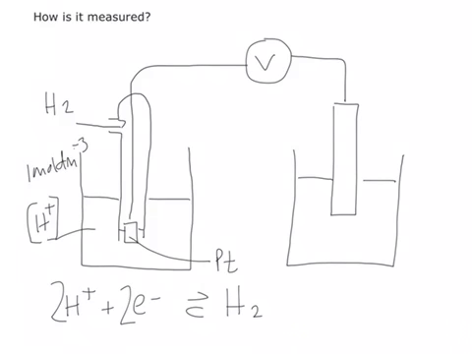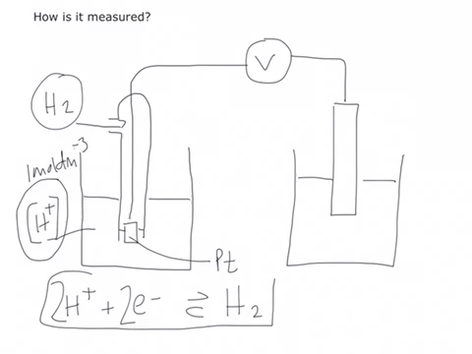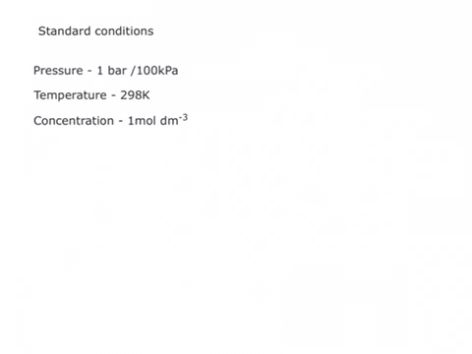The hydrogen gas will be bubbled into the solution of the hydrogen ions, and the equilibrium will be set up. Now, the direction that this equilibrium will go in will depend on what this half cell is here. There are standard conditions that need to be considered when using the hydrogen reference electrode, which we'll now have a look at.